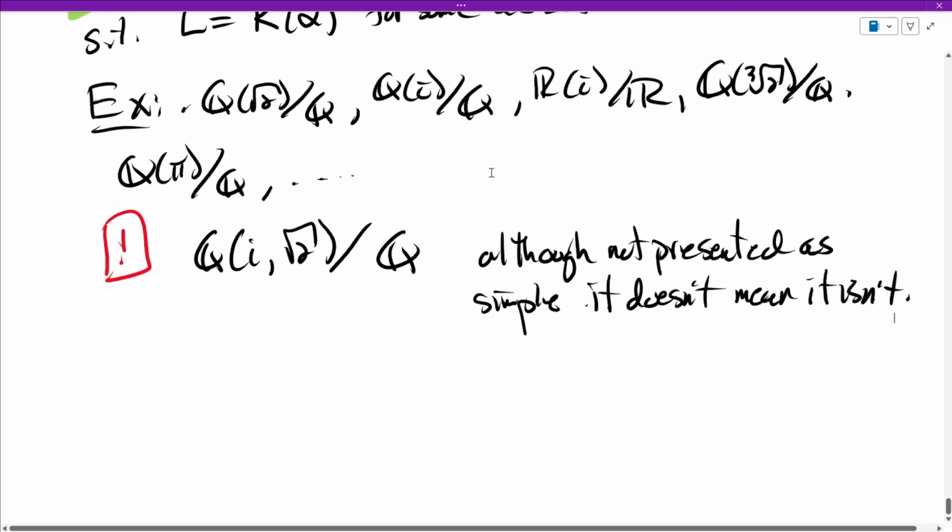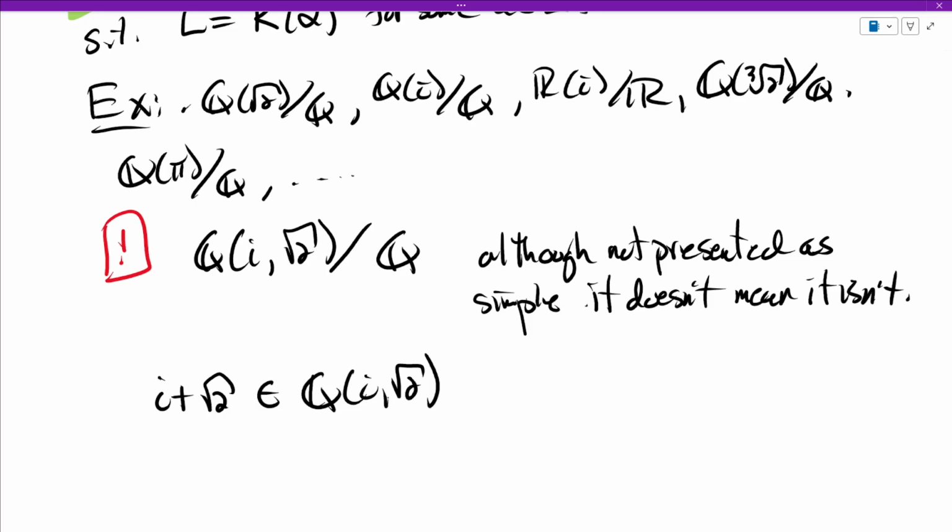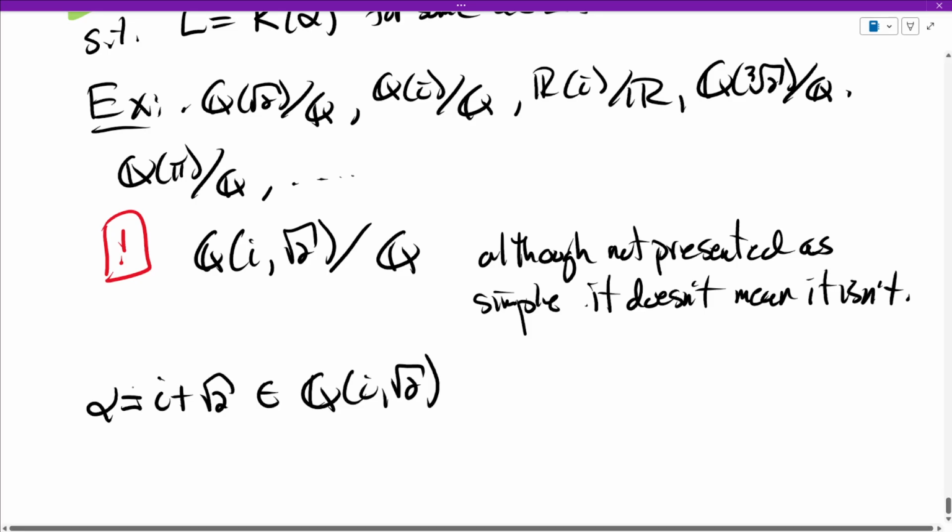So let's observe something for this example here. Let's look at the element i plus root 2. That is certainly in Q adjoin i, root 2 because Q adjoin i, root 2 has i and it has root 2, so it has i plus root 2. And let's call that element alpha.